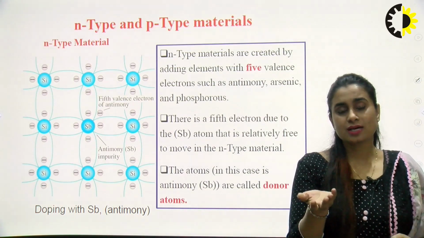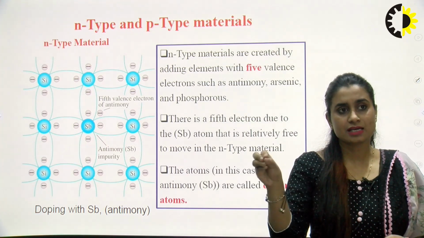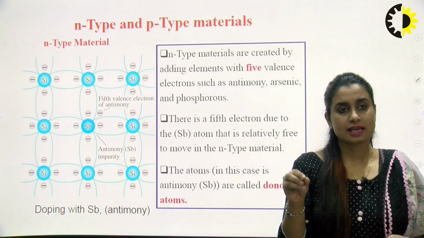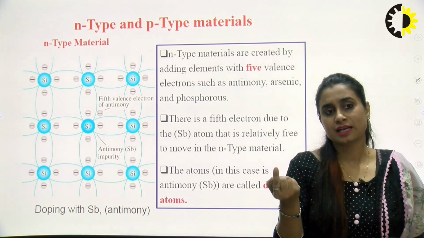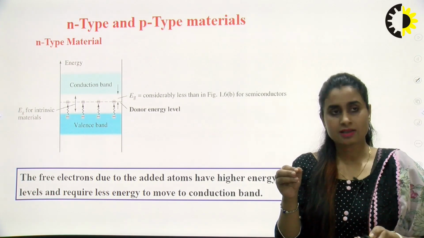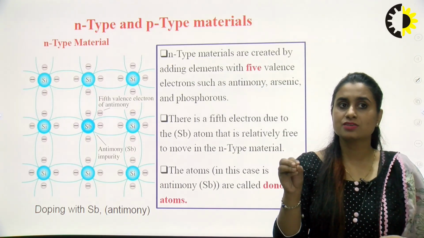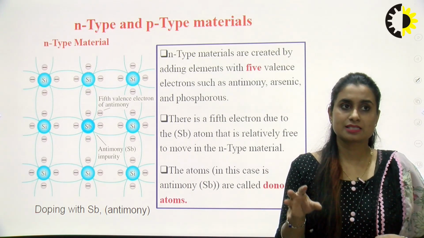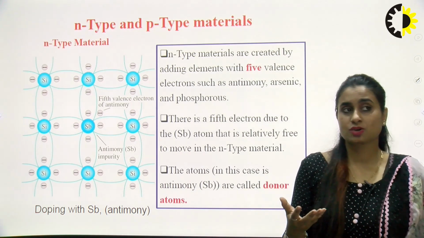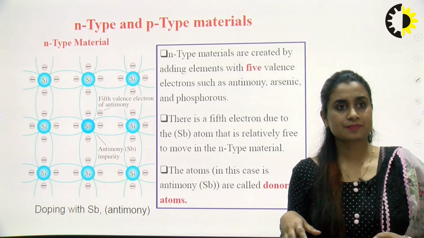So, when to a silicon crystal we add some impurities of antimony, arsenic and phosphorus, with every atom there is 1 free electron, and by increasing the doping. What is doping? The method of adding impurities. And if we add an impurity which has 5 valence electrons, then such a kind of material that will be formed is called n-type material.